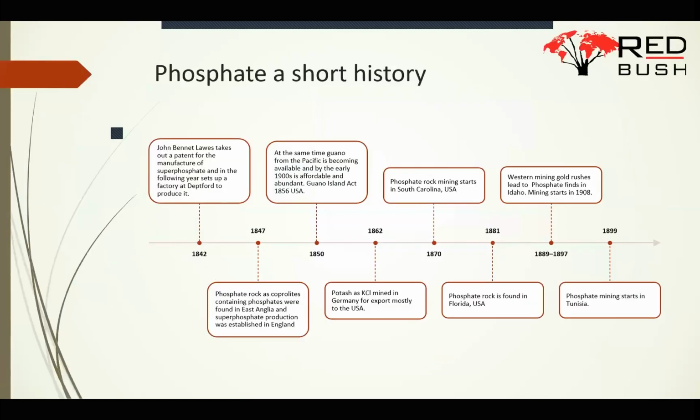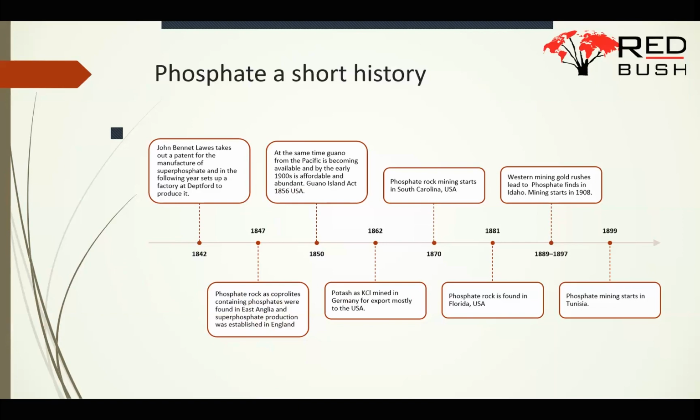Okay, so John Bennet Lawes figures out that his method of making fertilizer works. The problem is his bones are in short supply and very expensive. So eventually, somewhere in East Anglia, they found these coprolite beds. It's basically fossilized feces in a shale.